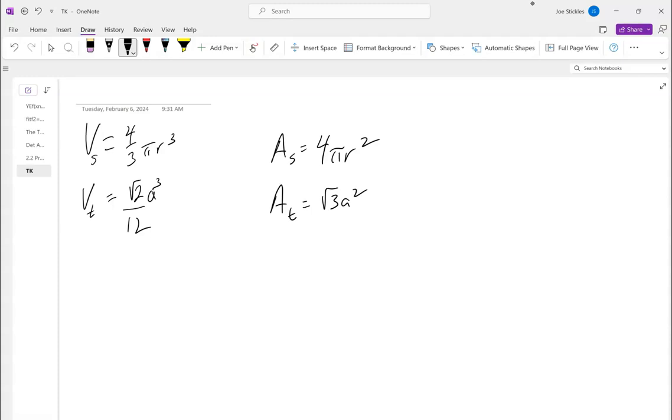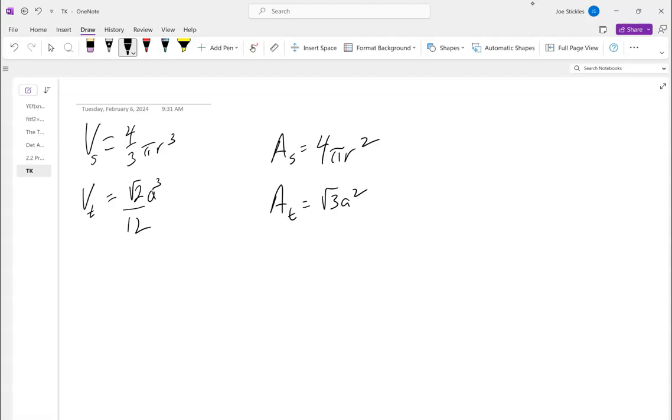The area one I know, because you should have 4 equilateral triangular faces. Well, area of an equilateral triangle is square root 3 over 4 times the side length squared. And there should be 4 faces.